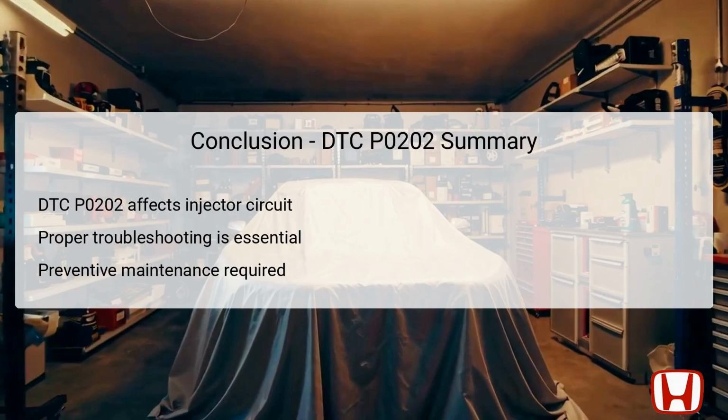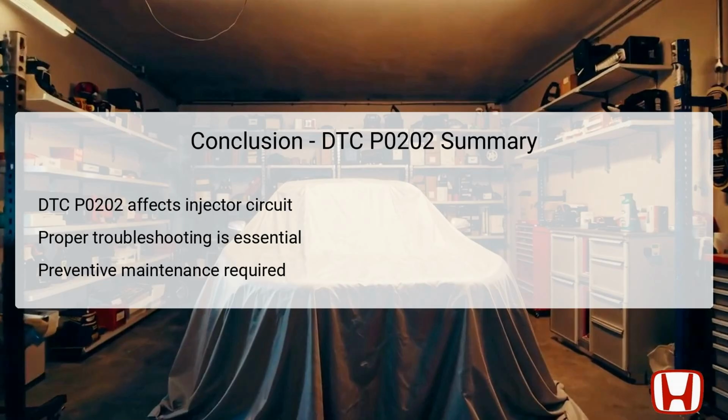In conclusion, DTC P0202 indicates a malfunction in the number 2 cylinder injector circuit, leading to various performance issues. Understanding the role of each component, cause, and symptoms involved allows for a structured troubleshooting approach to effectively diagnose and resolve the underlying problem.